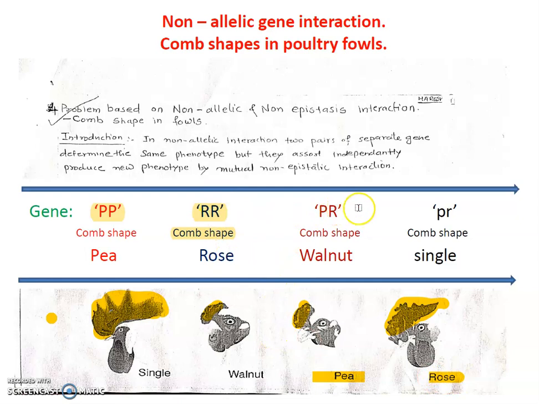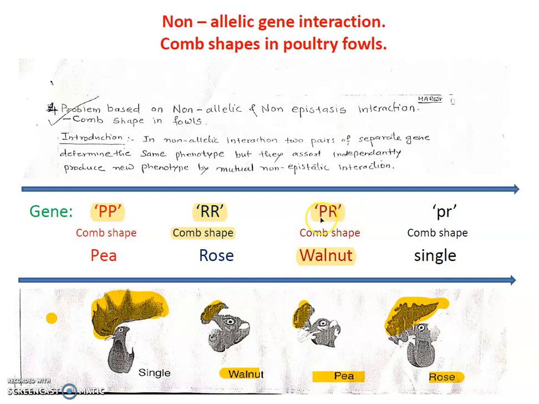When there are P dominant and R dominant, both dominant genes present, they come together and form a new trait, or new comb, called walnut.